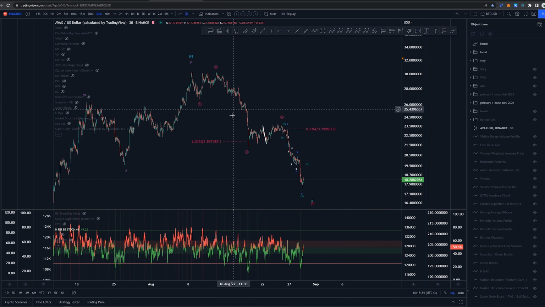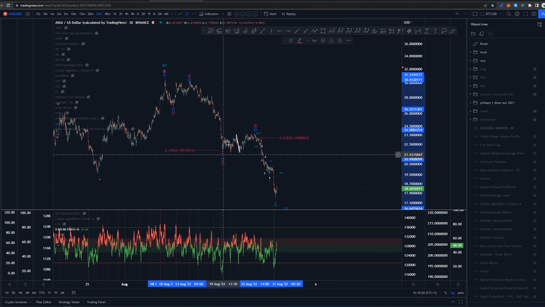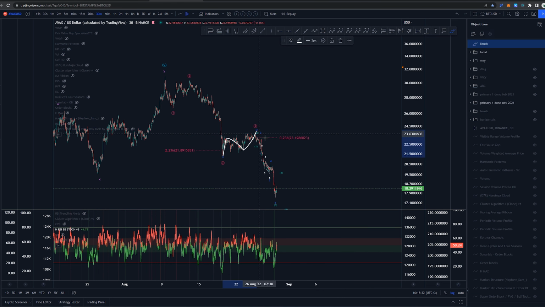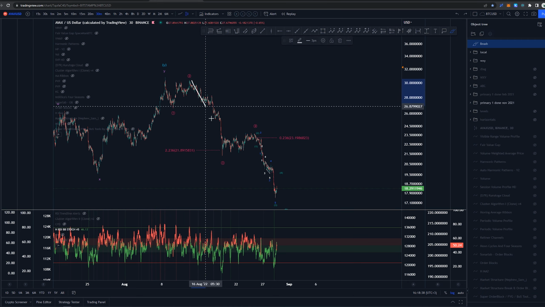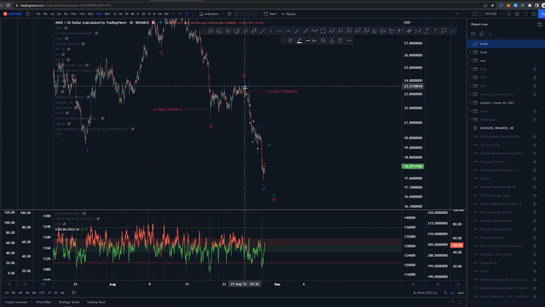I don't really like that, so that's why I'm preferring to put the wave 5 or the wave 3 here. So then we would be getting some kind of sideways correction here for the wave 4, around the 23.6% retracement of this third move, and then we would be looking for downwards once again.